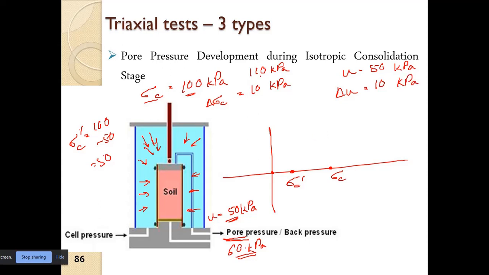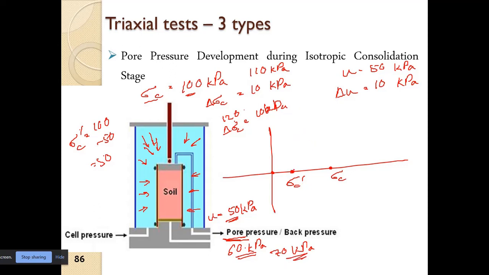Then if we increase from 110 to 120, del sigma C again is 10 kPa. Here also we will observe that U has increased to 70 kPa.